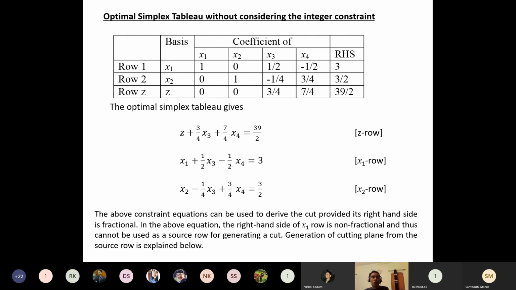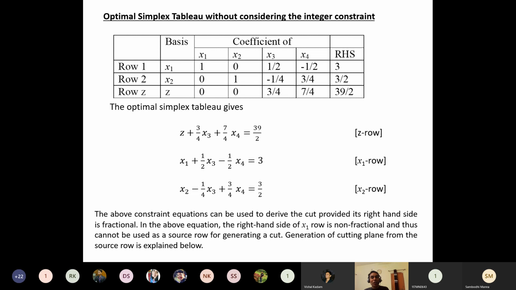X1 plus 0 X2 plus 1 by 2 X3 minus 1 by 2 X4 is equal to 3, and X2 minus 1 by 4 X3 plus 3 by 4 X4 is equal to 3 by 2. This is for the Z row, this is for the X1 row, this is for the X2 row.